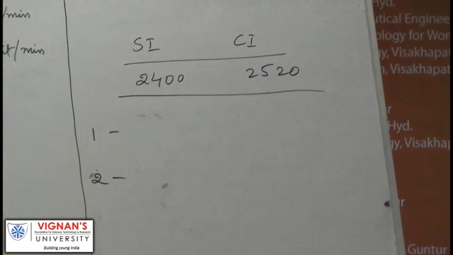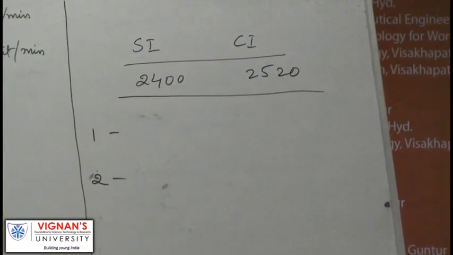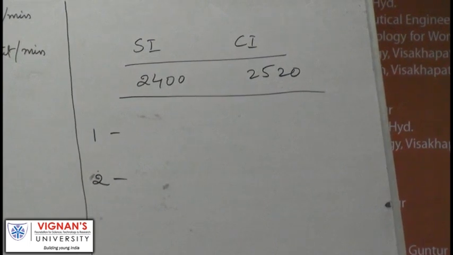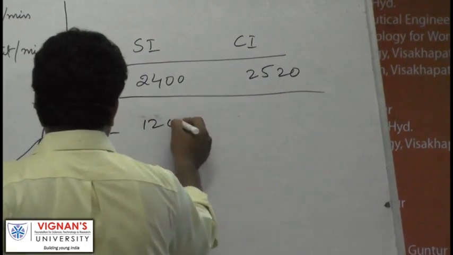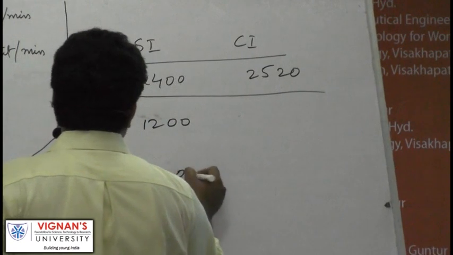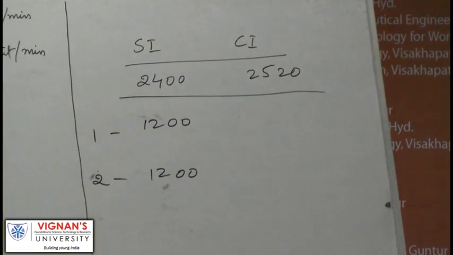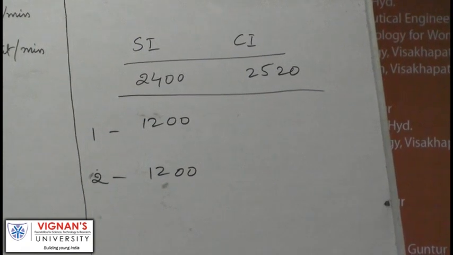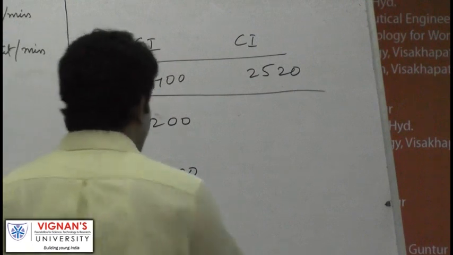For all the years it is the same. 2,400 for 2 years means, how much should it be for the first year? 1,200. For the second year? 1,200. And simple interest and compound interest are the same for the first period. Am I right? So compound interest is also 1,200 in the first year.